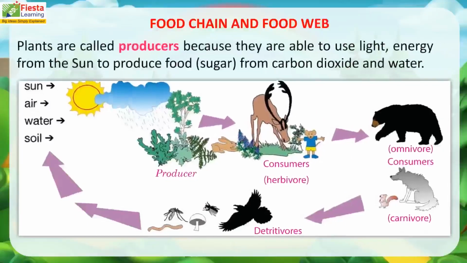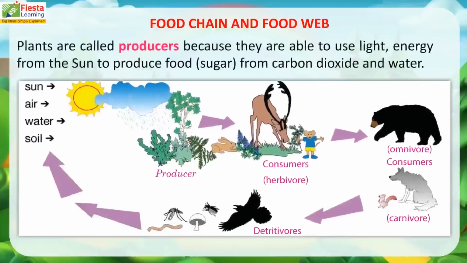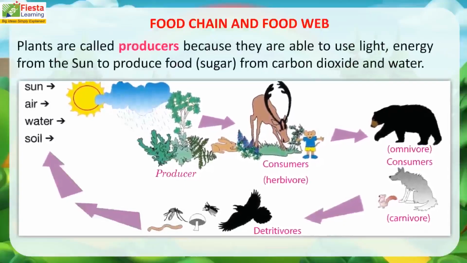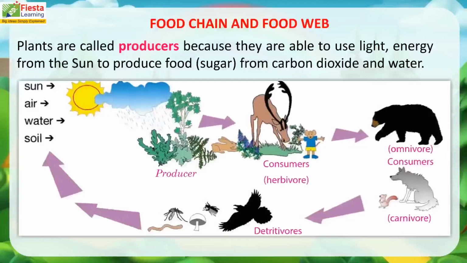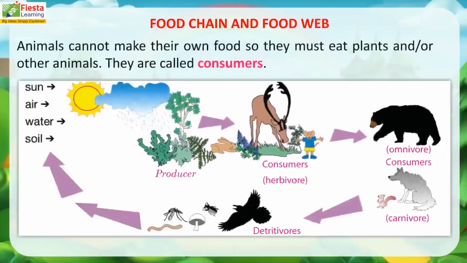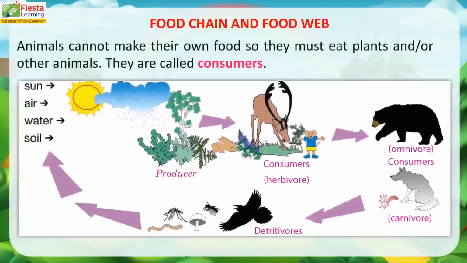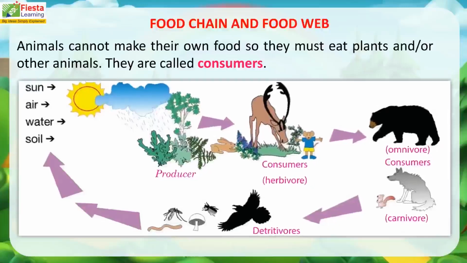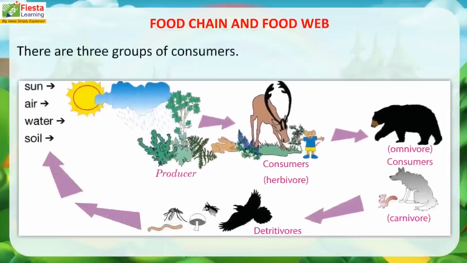Plants are called producers because they are able to use light energy from the sun to produce food, sugar, from carbon dioxide and water. Animals cannot make their own food, so they must eat plants and/or other animals. They are called consumers. There are 3 groups of consumers.